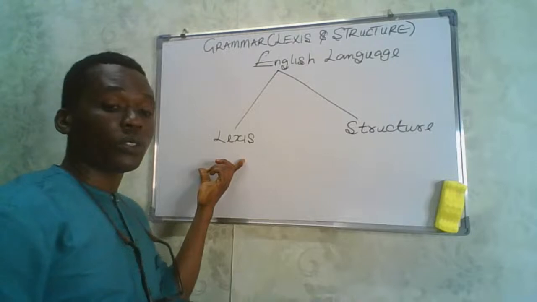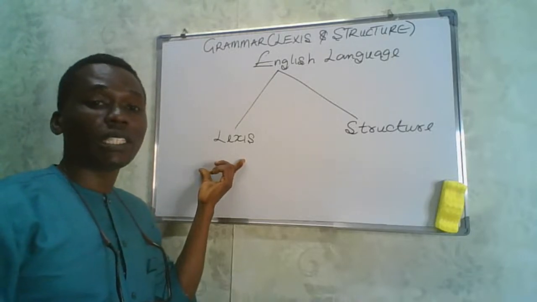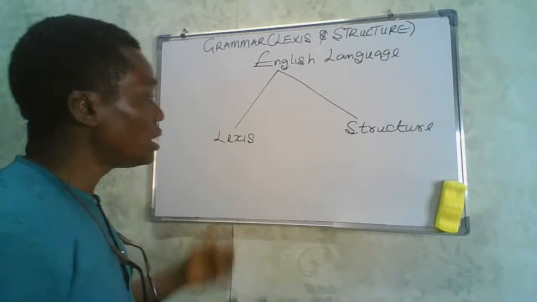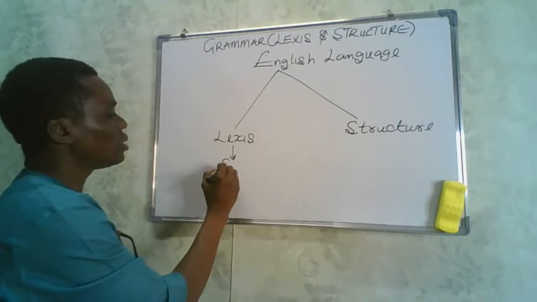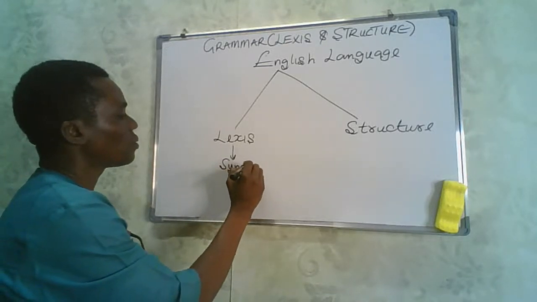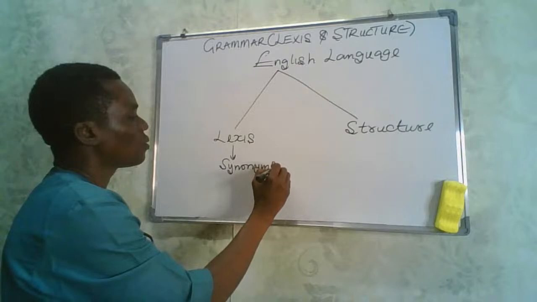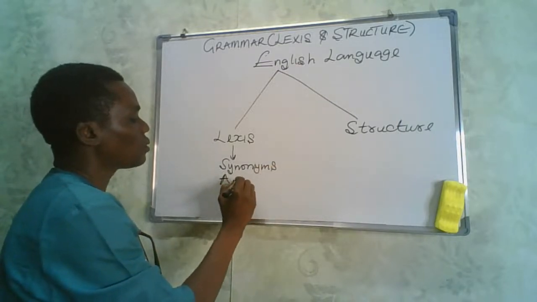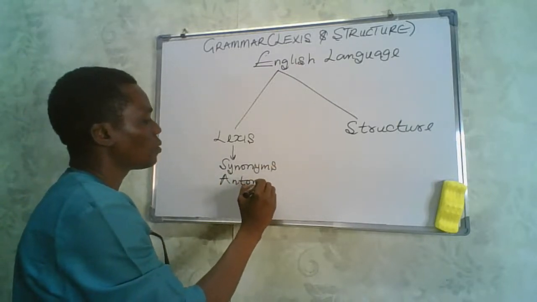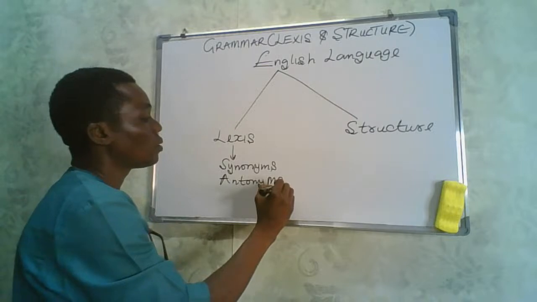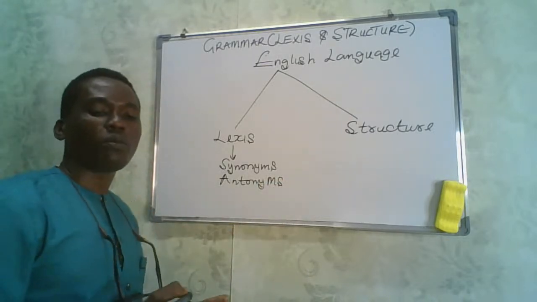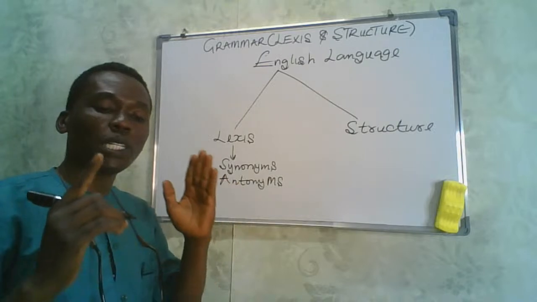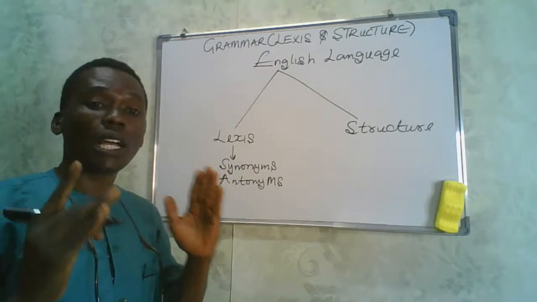Now, the lexis is an aspect of English language, and under this lexis, you are going to see topics like synonyms, antonyms, similar in meaning, and so on and so forth.